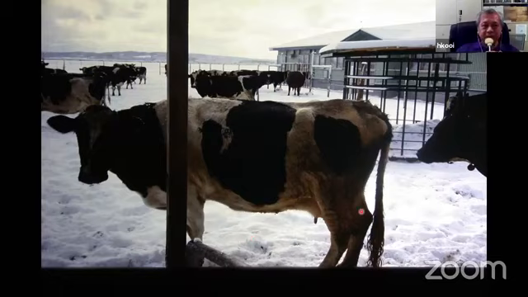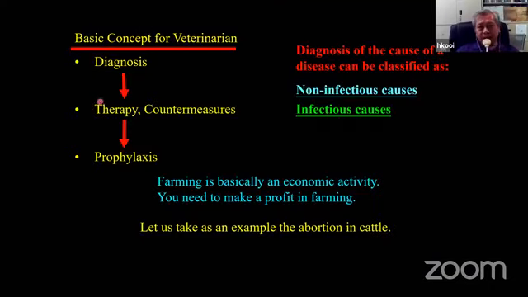All right. So since I think all of you listening are veterinarians, we always say that the basic concept for a veterinarian is diagnosis, therapy, and prophylaxis. And for diagnosis, we can classify causes as non-infectious and infectious.